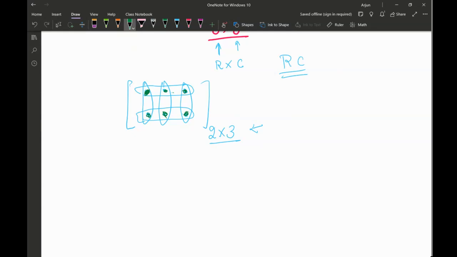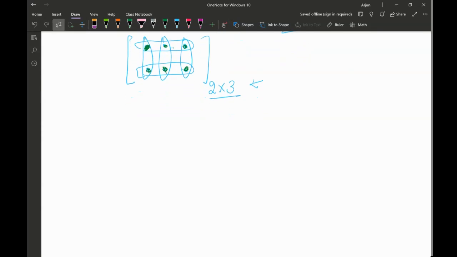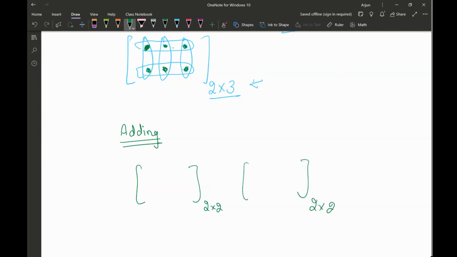Now we're going to talk about the simple addition of matrices. Let's say this is a 2 by 2 matrix, and the other matrix is also a 2 by 2 matrix, so I can add these two matrices.